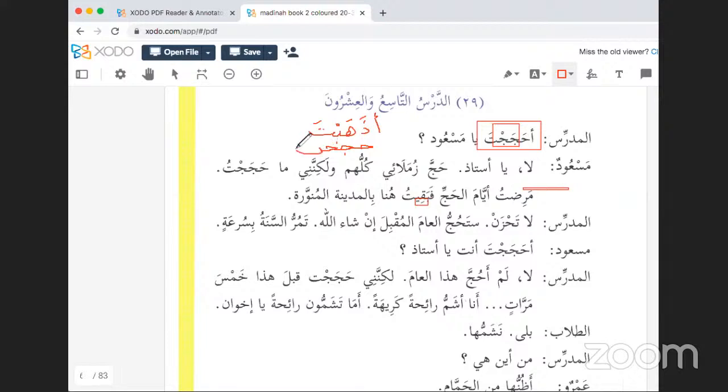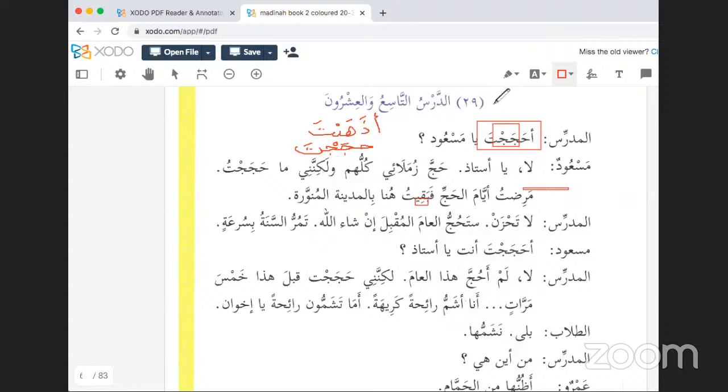But then when you have the dhamir muttasil, like for example the mukhatab, the ta, it becomes hajajta, and originally the verb was mabniyun ala al-fath, hajaja, it became mabniyun ala sukun because of the dhamir muttasil, the dhamir connected to it.